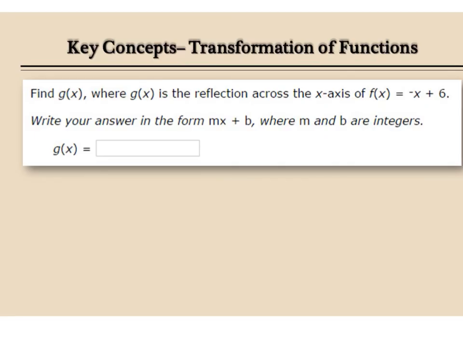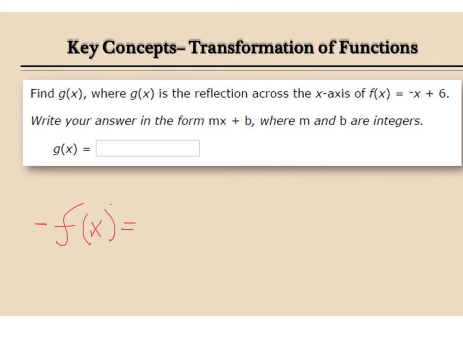This one asks us to find g of x, where g of x is the reflection across the x-axis of f of x equals negative x plus 6. And I'm going to write that equation. Well, if I'm flipping it across, then my negative sign is going on the outside.